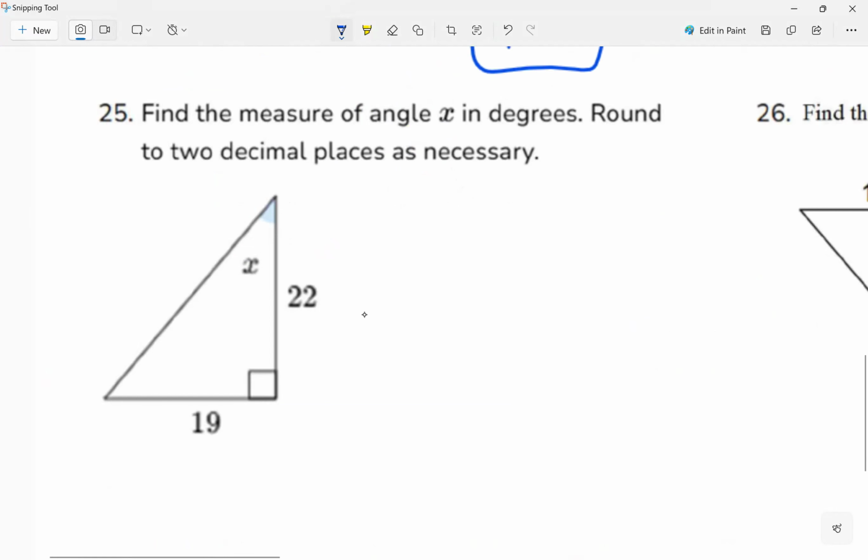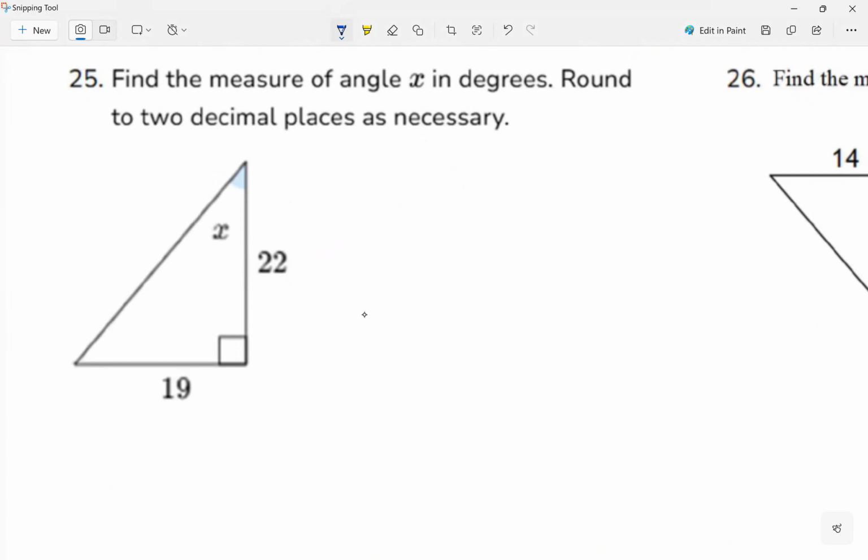Okay, take a look at number 25 now. Find the measure of angle X in degrees. Round to 2 decimal places as necessary. From the 90-degree symbol, opposite of the 90 degrees, always the hypotenuse. From the corner X, the farthest away is what we call the opposite. So it means that 22 is the adjacent.